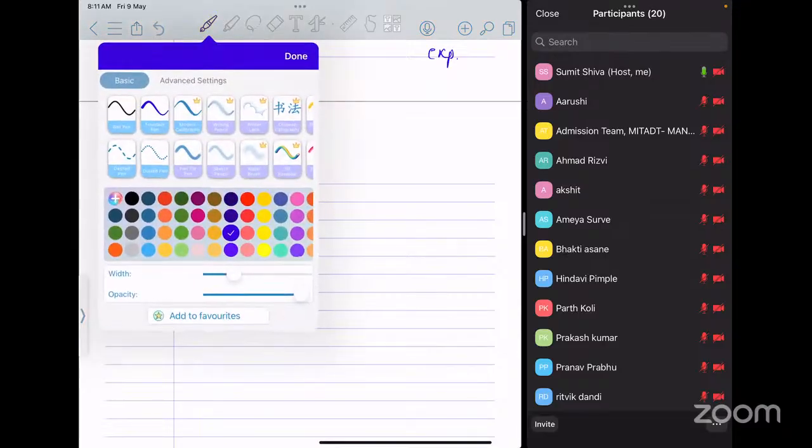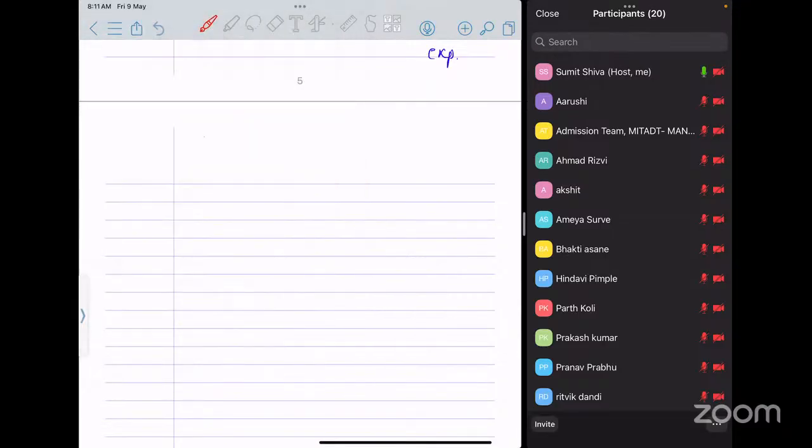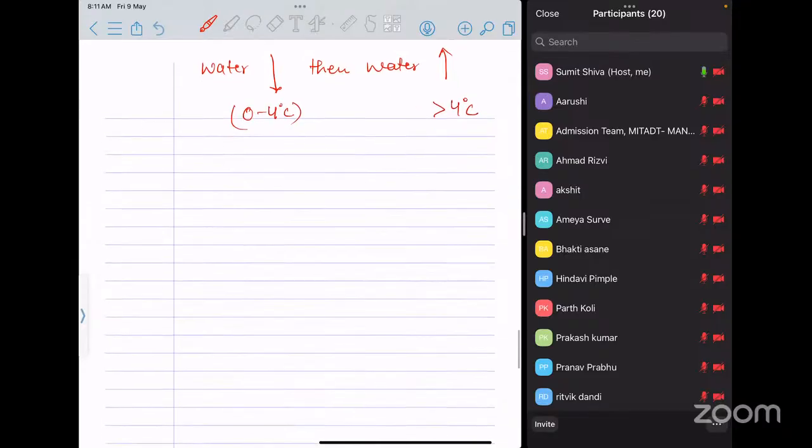So on heating water, first water contracts and then water expands. Contraction takes place between 0 to 4, and expansion when it is greater than 4.